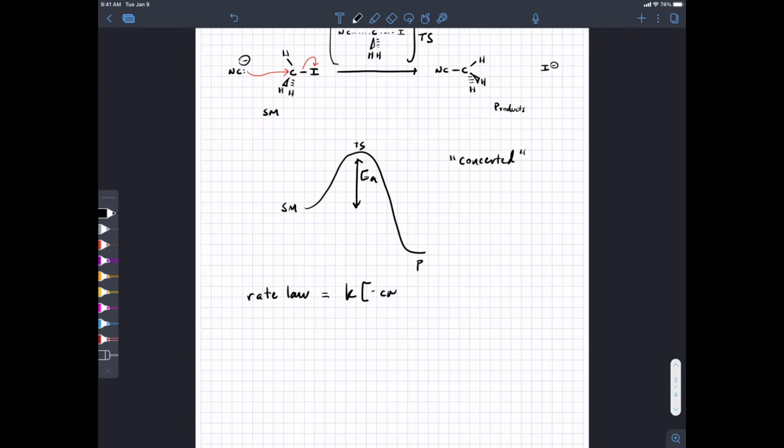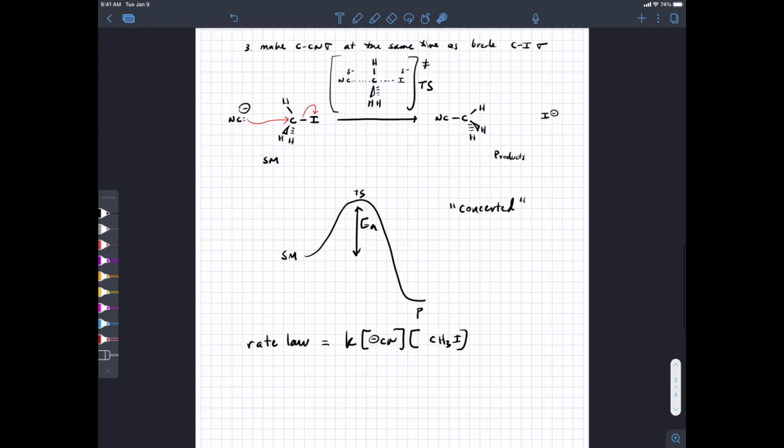Concentration of CN minus and concentration of the methyl iodide. By the way, writing a simple rate law for a reaction step just means you use the concentrations of each molecule that's involved in the reaction. If it were 3, we would need 3 terms. If it were 4, we would need 4 terms.